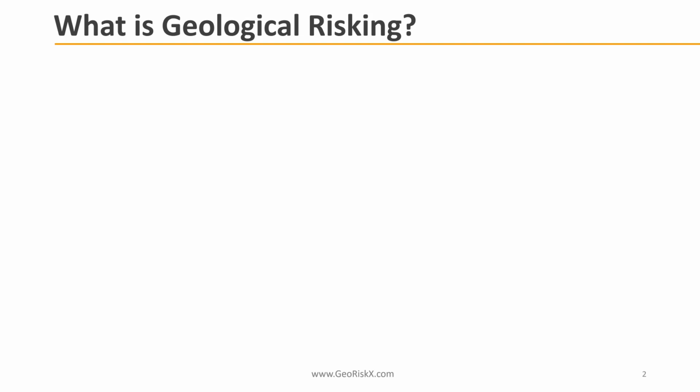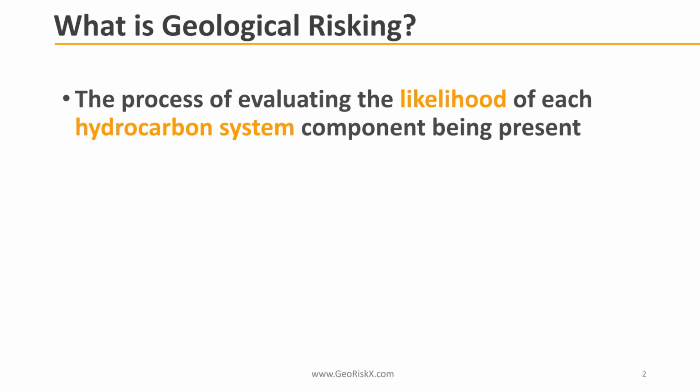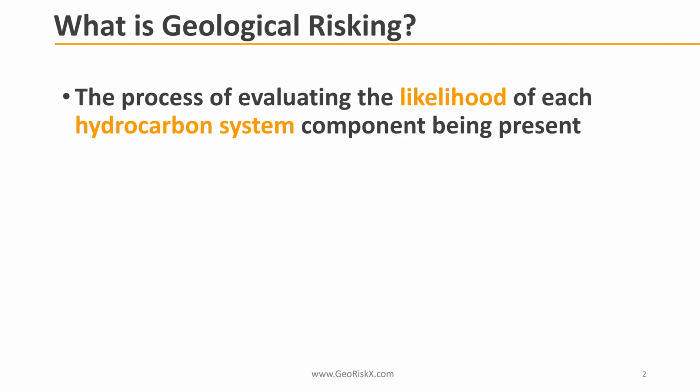Well, when we perform a geological risk assessment and we come up with that 40% chance of success, what we've actually done is we've gone through and evaluated what's the likelihood that each key hydrocarbon system component is present. So, for example, maybe we have evaluated the seismic survey over an area and we've said, okay, there's a 90% chance that there is a suitable structural trap.